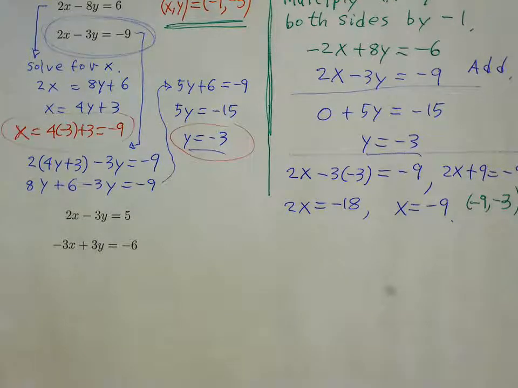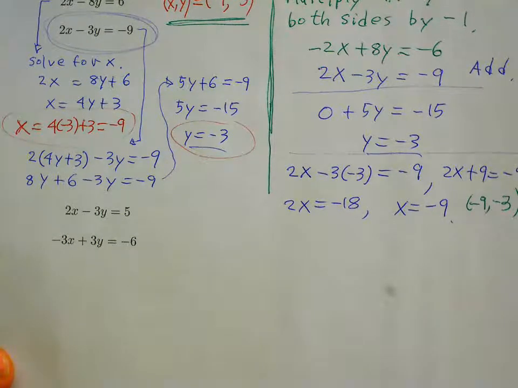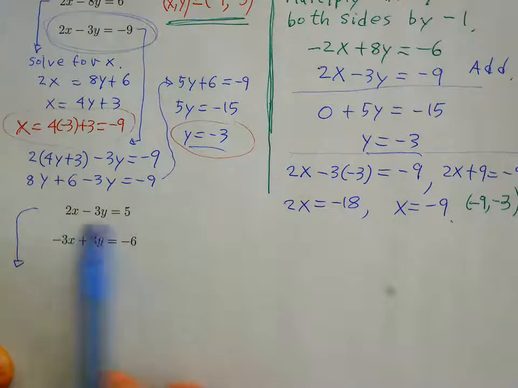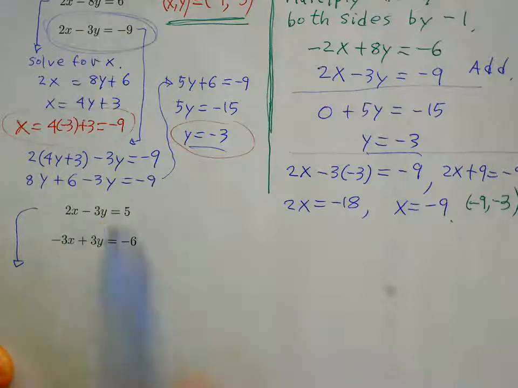Okay, on the next one, I'll illustrate a slightly more sophisticated way to use the substitution. And I mentioned it earlier. So I'm going to solve the top equation for 3y.